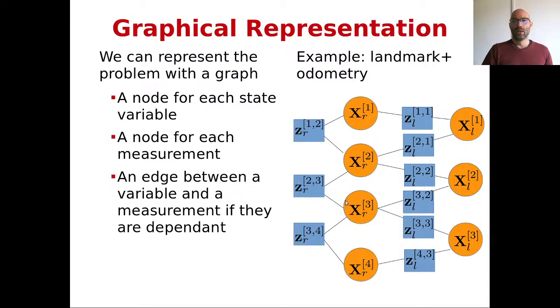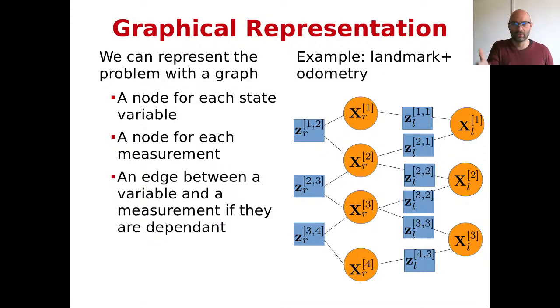What could we do in this representation if we had, for instance, a GPS? A GPS is a localization system, but we could imagine it, with some sloppiness, as a sensor. How many variables of the state does it depend on? Well, it depends only on the current robot position, because the GPS tells you where you are.